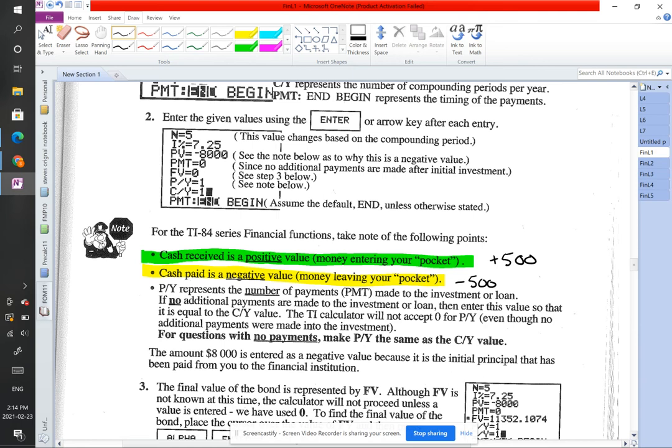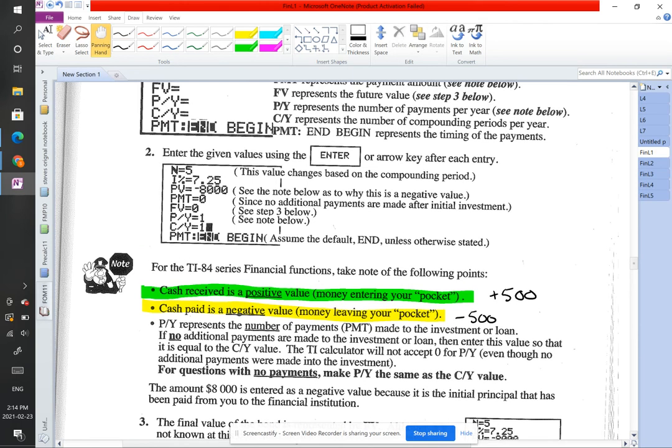And then it says here, PY, which is your, up here, number of payments per year. It represents the number of payments made to the investment or loan. If no additional payments are made to the investment or loan, then enter this value so that it's equal to the CY value. So it says here, for questions with no payments, make PY the same as CY.